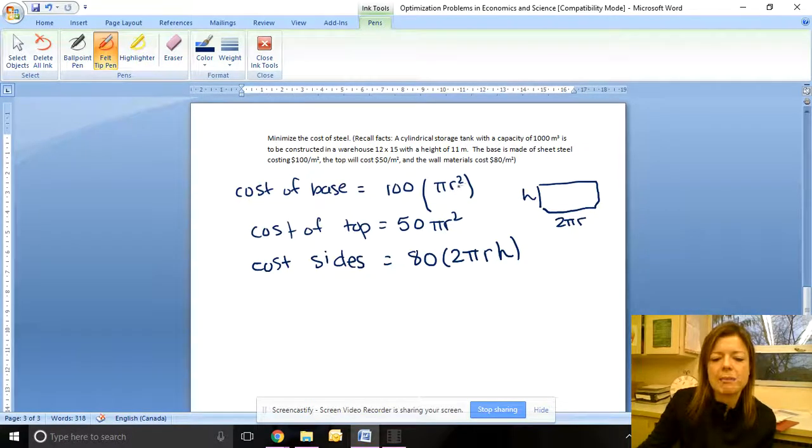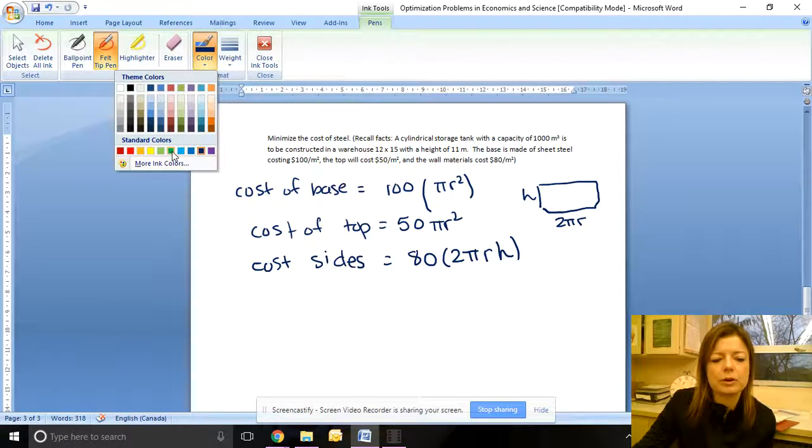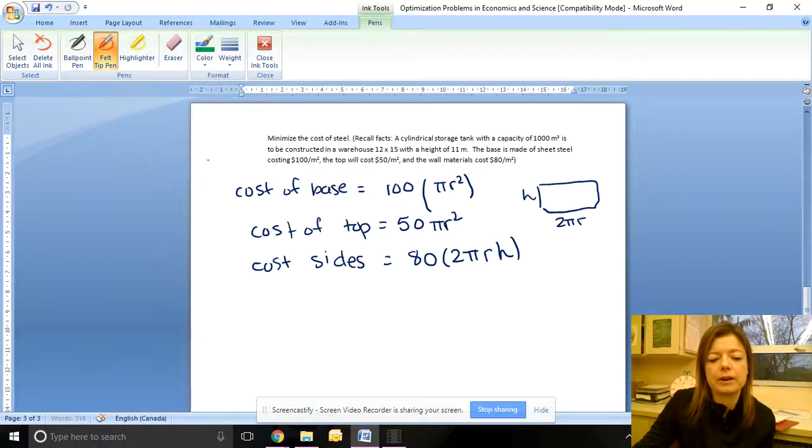So notice that we almost have a function in one variable. Remember, to do any of this work, we just need a function in only one variable. The problem right now is this h. These are both in terms of r. We have an r here, but how do we turn this h into something with respect to r? Well, we know that the volume has to equal 1,000.